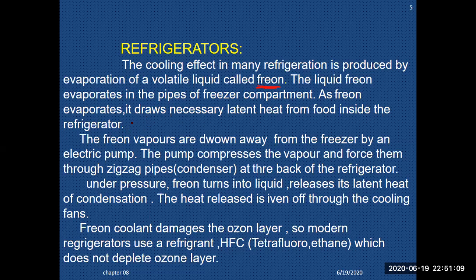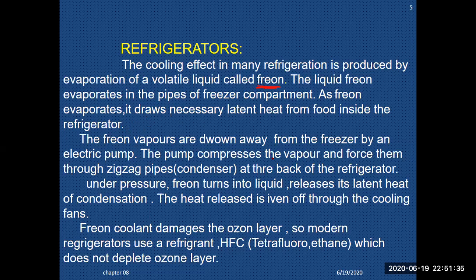inside the refrigerator. It draws the excess heat energy because when there is a difference of temperature between two bodies, heat flows from higher temperature to lower temperature. So this is the low temperature capillary inside the refrigerator compartment, and it draws the heat from the inner side of the refrigerator. The freon vapors are drawn away from the freezer by an electric pump.